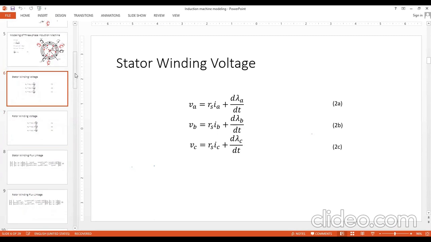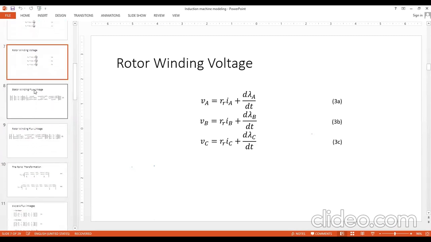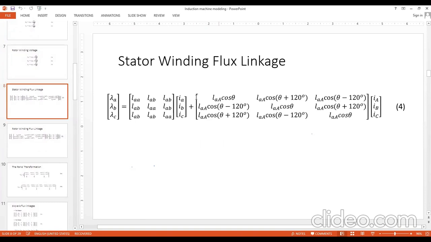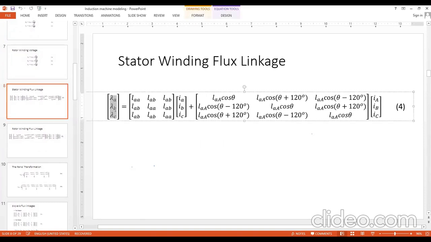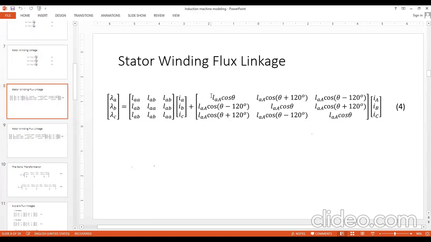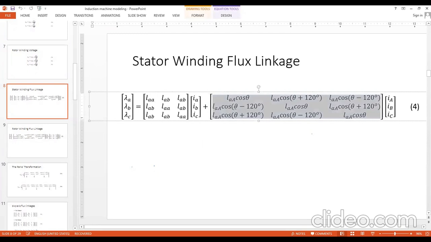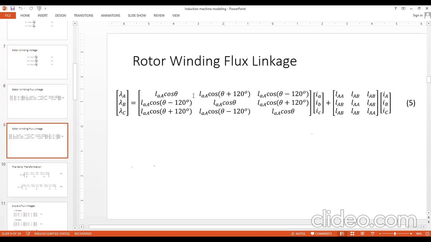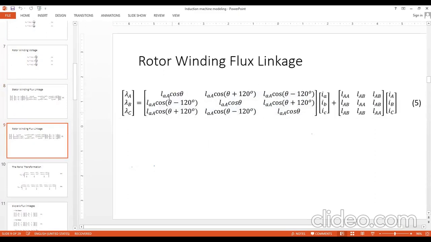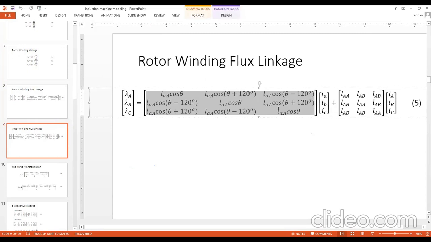And we can also see that in these flux linkage expressions, lambda A, lambda B, lambda C, remember this block over here, this block is the mutual inductance elements. Expression of that depends on the rotor position, angular position theta. Similarly, in the rotor winding flux linkage, this mutual inductance part, this 3 by 3 block here, also depends on theta.